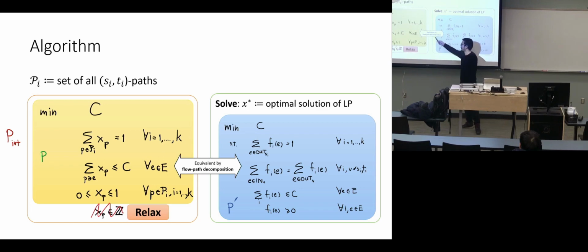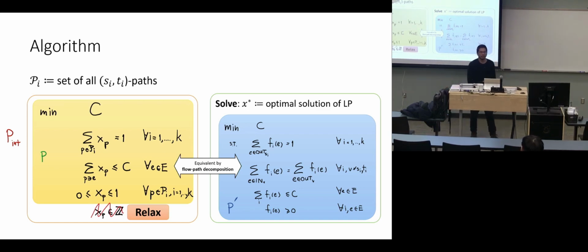We will use flow path decomposition. Given flow here, you can extract and get a path here. How exactly? Well, this is really already in your homework, the flow path decomposition algorithm. So in homework 5, there is a problem called flow path decomposition. Use that idea to get the solution from here and give the solution here.